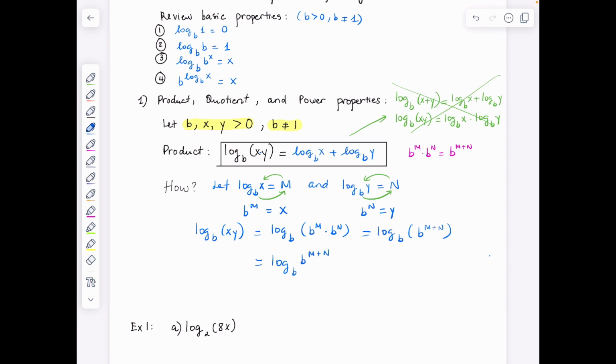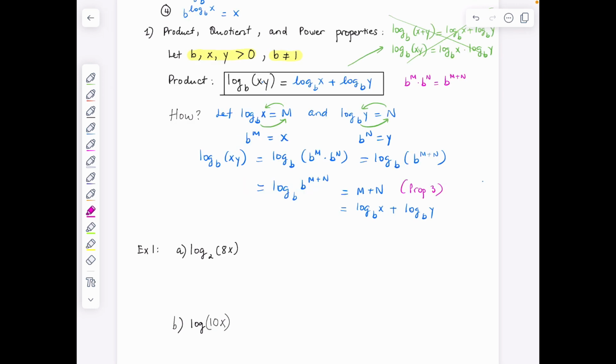And you should be able to recognize that this right here looks like property 3, where if you apply property 3, this will equal m plus n, which m, remember, is defined as log base b of x, and n is log base b of y. We define them up here.